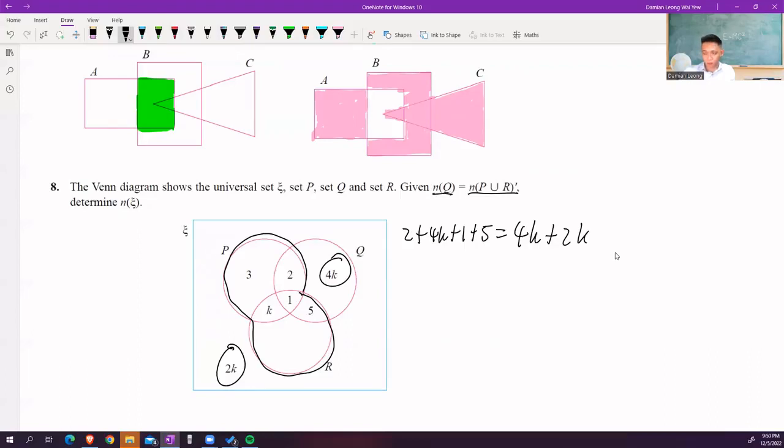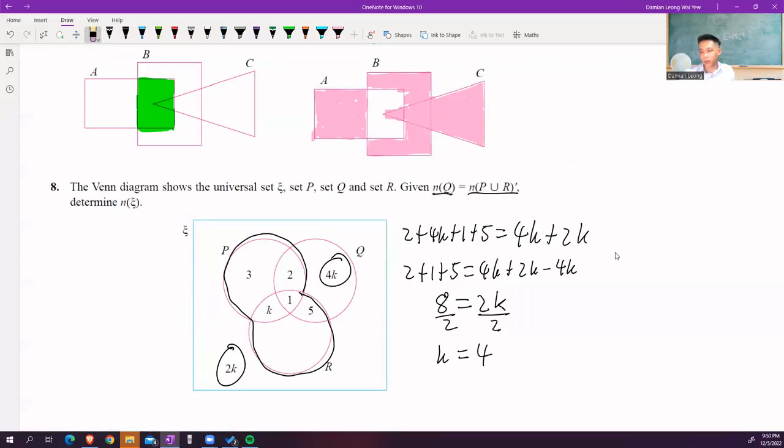So bring over the 4k. 2 plus 1 plus 5 is 4k plus 2k minus 4k. Plus, opposite minus. 2 plus 1 plus 5 is 8. 4k minus 4k is 0. So left with the 2k. Get rid of 2. Divide by 2. k is 4.